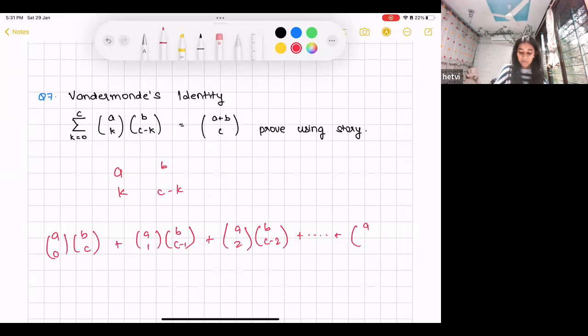We keep doing this up to A choose C times B choose 0. A and B are some random numbers. It could be 4 and 5, for example.